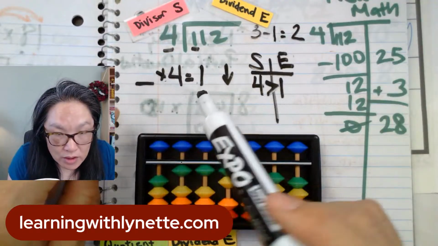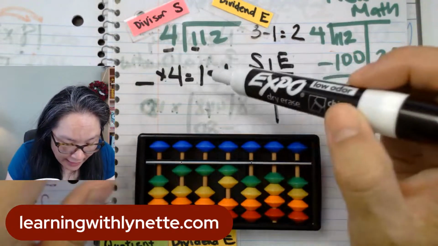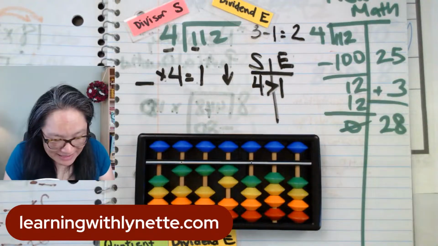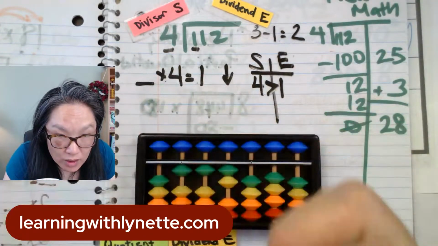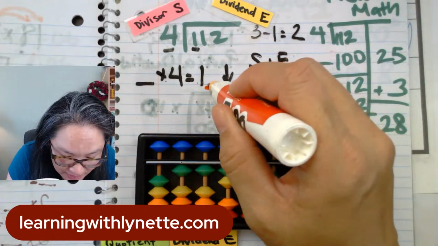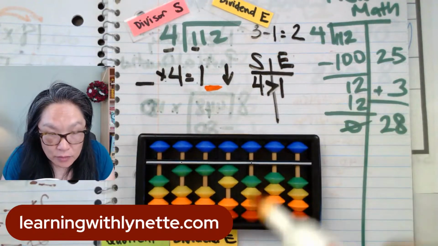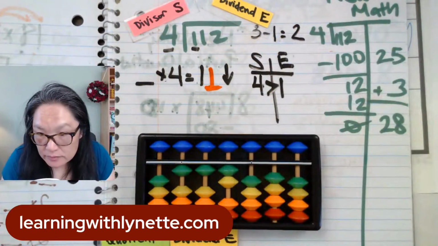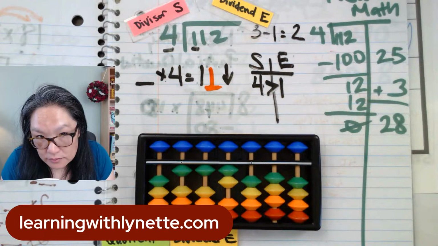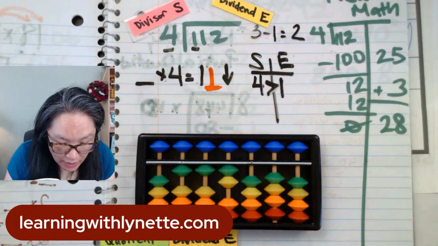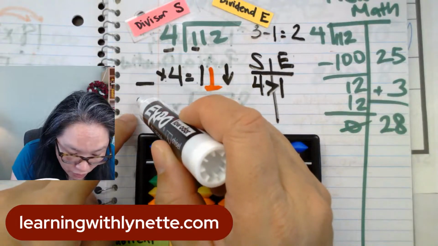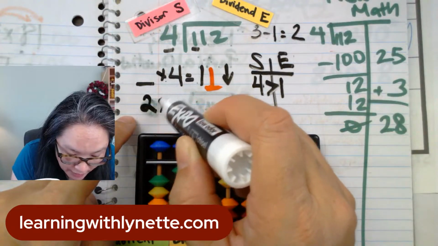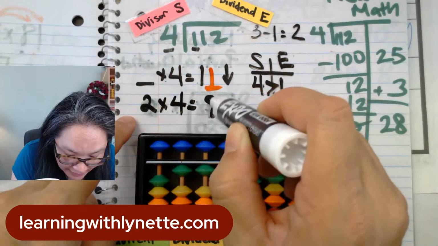So now I know I have to bring in my second digit, which makes 11. Now 2 times 4 is equal to 8.